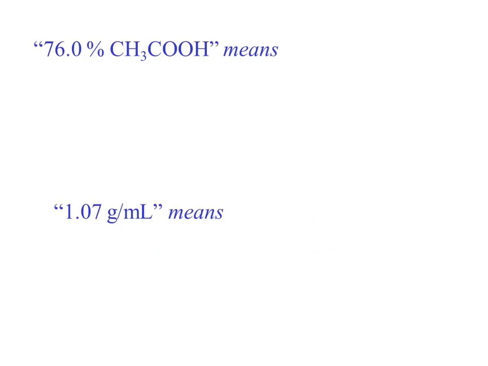So on this, we'll start with Jason. I want you to unpack, when we say 76.0% acetic acid in the solution, what does that mean in terms of a ratio? Usually I say something over 100 grams of.